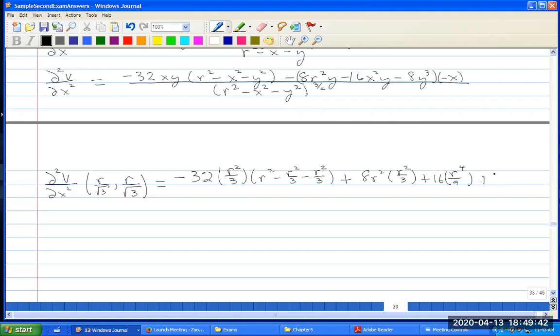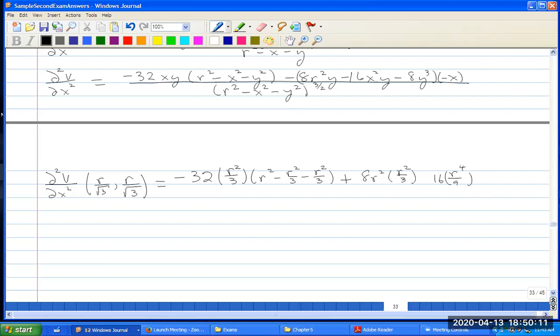Plus, oh, this is again going to be a y cubed times x, and these are all r over rad 3, so that'll give you r over rad 3 to the 4th. So that's plus, minus, that's a minus. And why is that a plus there? Here, wait.